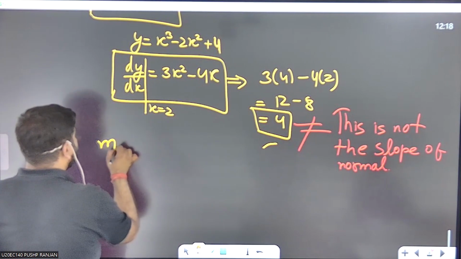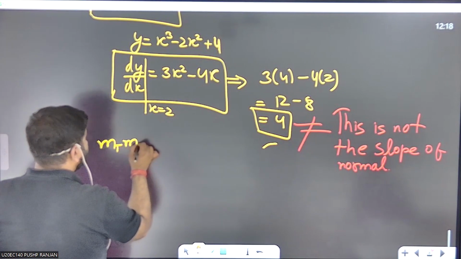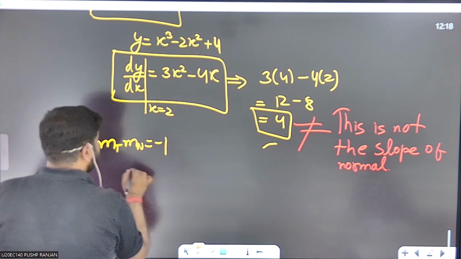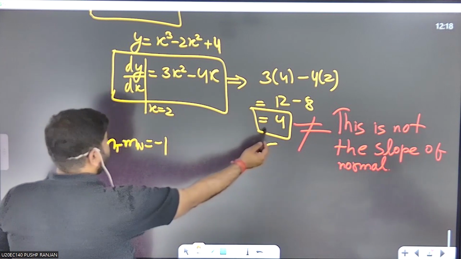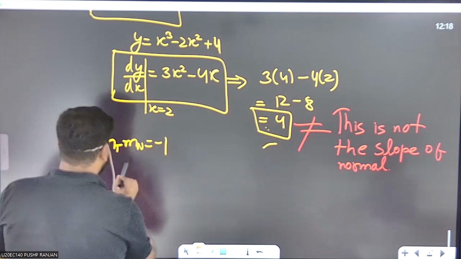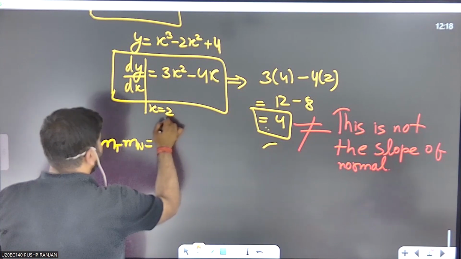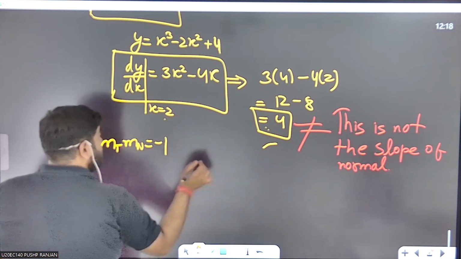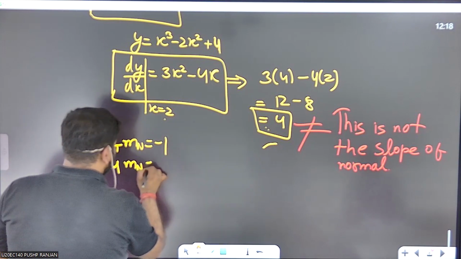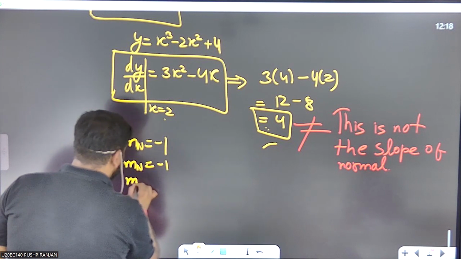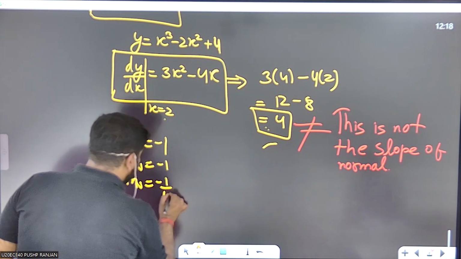As we know the relation mt times mn equals -1, we get mt, the slope of tangent at the point x equals 2, which was 4. So 4 mn equals -1, then mn will be -1 upon 4.